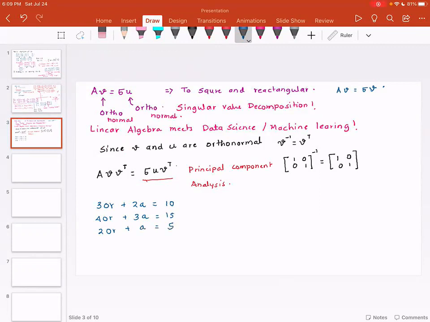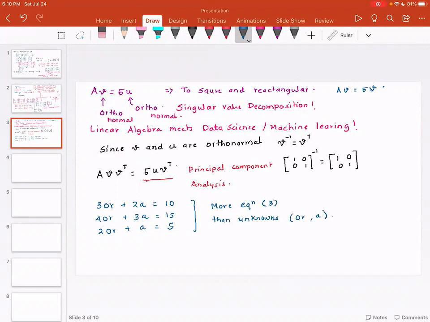So right now, what I have is more equations. I have 3 equations than unknowns, and the unknowns are orange and apple.